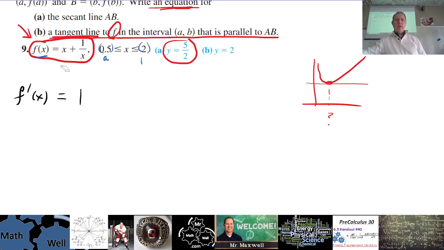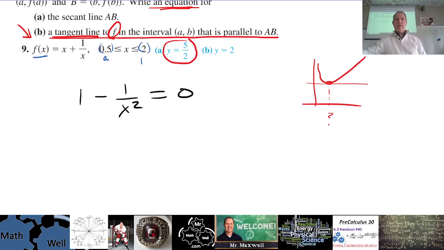If you do the quotient rule on 1 over x, you get minus 1 over x squared. That's the derivative of the top times the bottom minus the top times the derivative of the bottom, which is minus 1, all over the bottom squared, x squared. So now we just let this equal 0. And there I've got my f prime of c equals f of b minus f of a, all over b minus a.